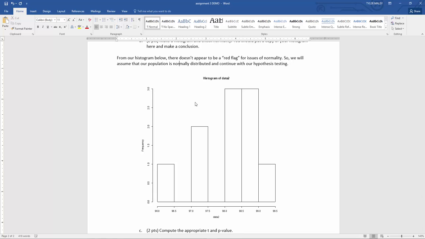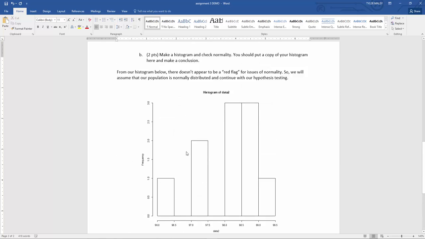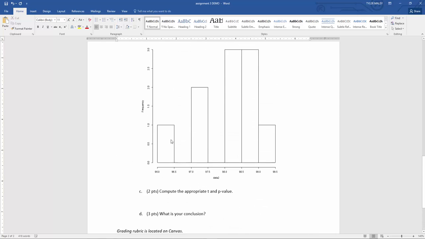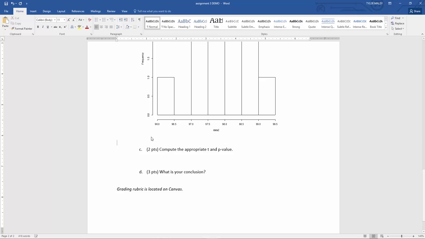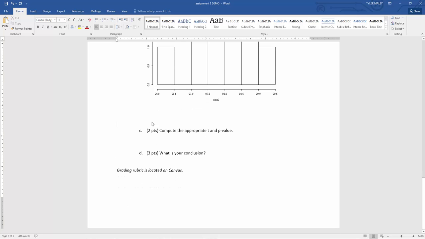So I would continue on. And again, there are better ways to do this, but this is appropriate for our level of stats at this point.